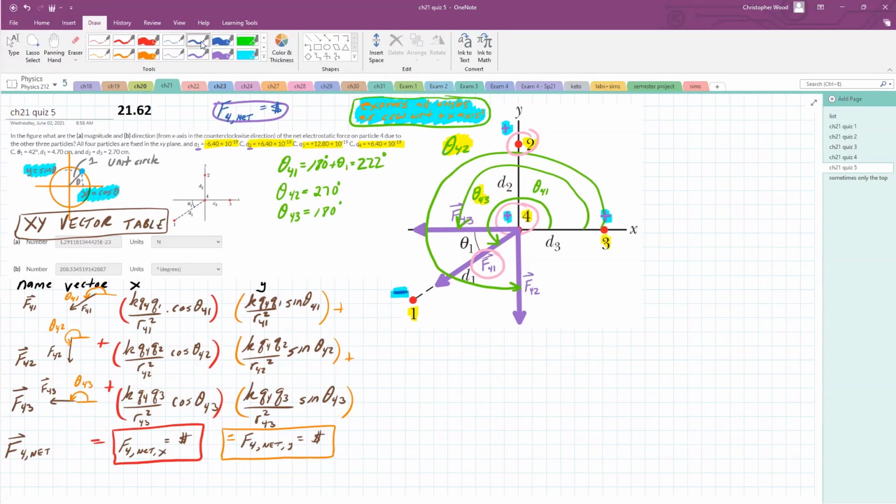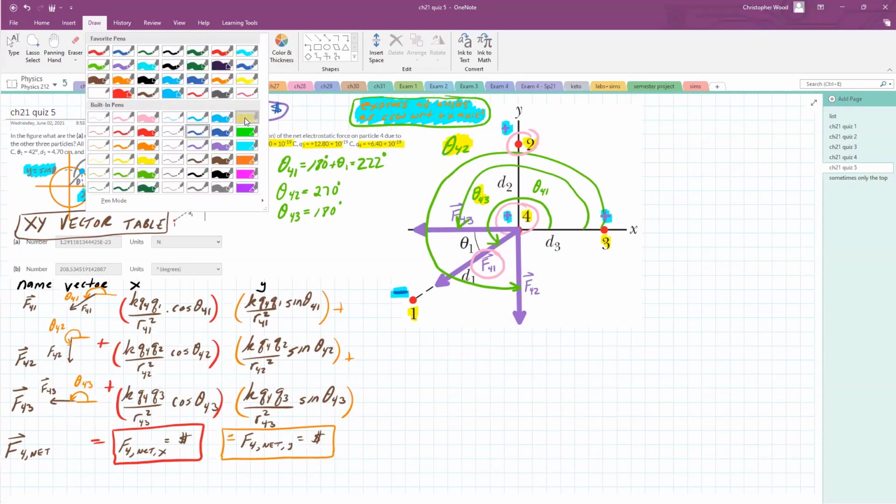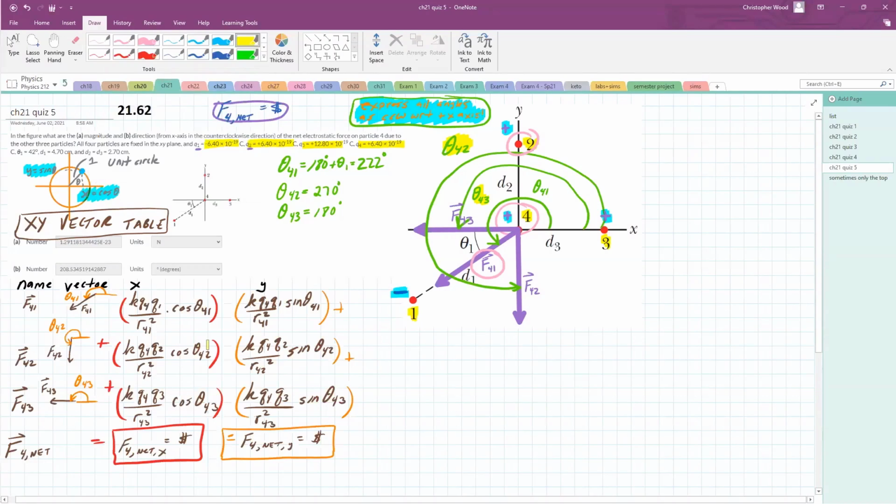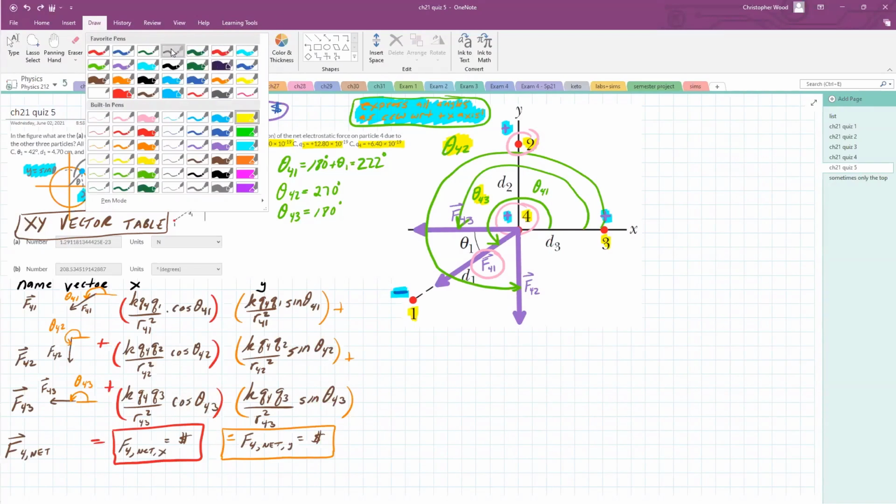Let me just point out that you know this whole term here goes to 0, and this whole term here goes to 0. But let's pretend that's not the case. All right, let's crunch numbers.